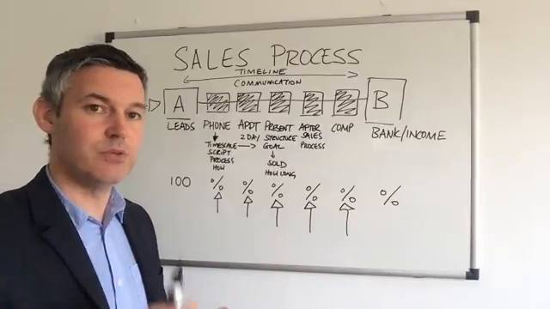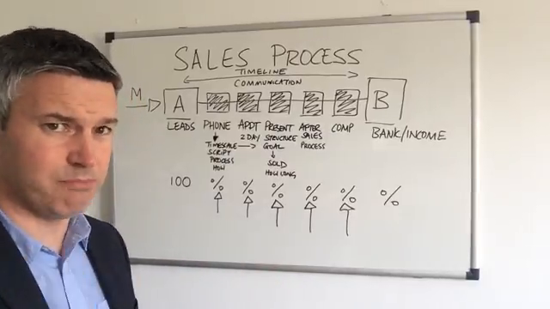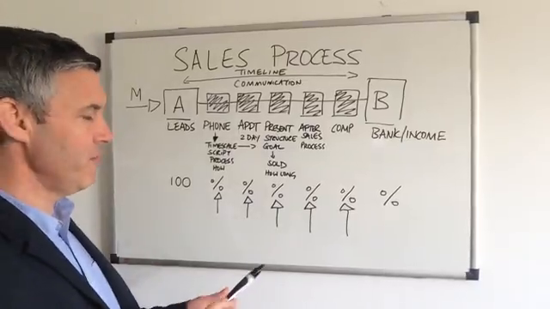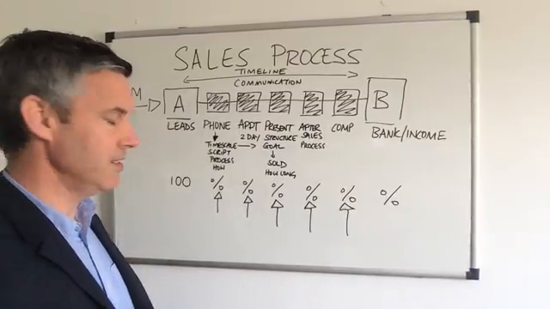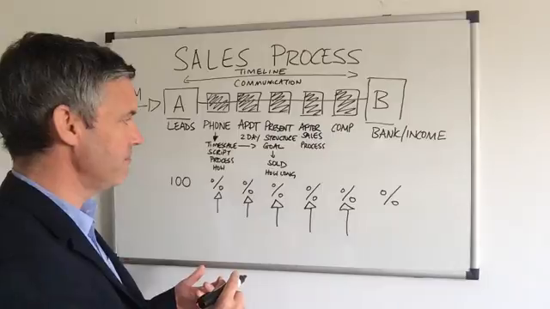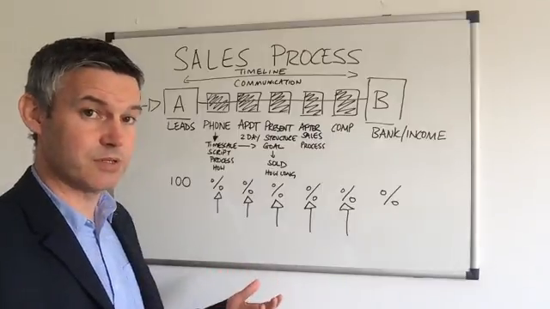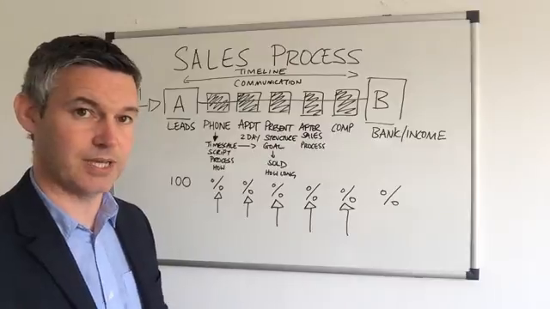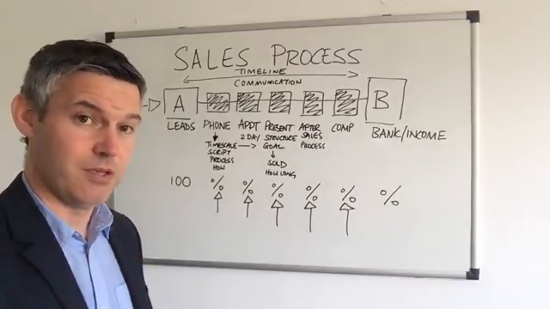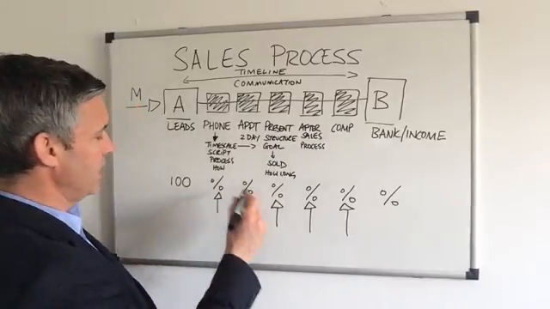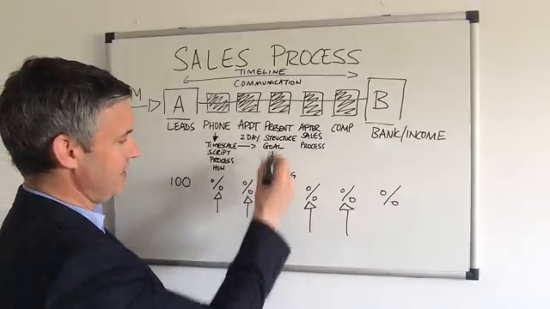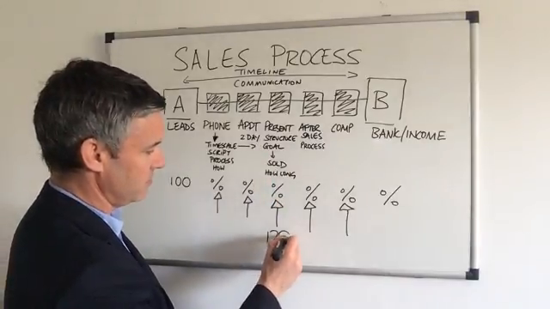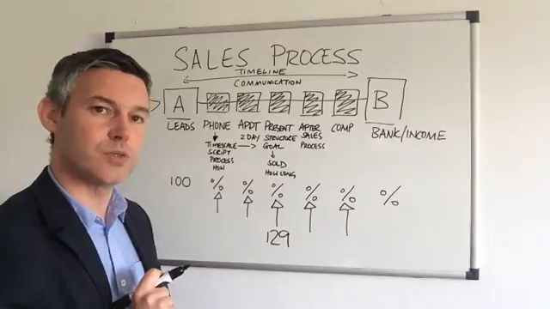Yeah, so I'm going to give you an example, a really important example. When we had our last business, we were in direct sales. We were selling a lot of units of this certain type of product, and in one month we made 129 sales.